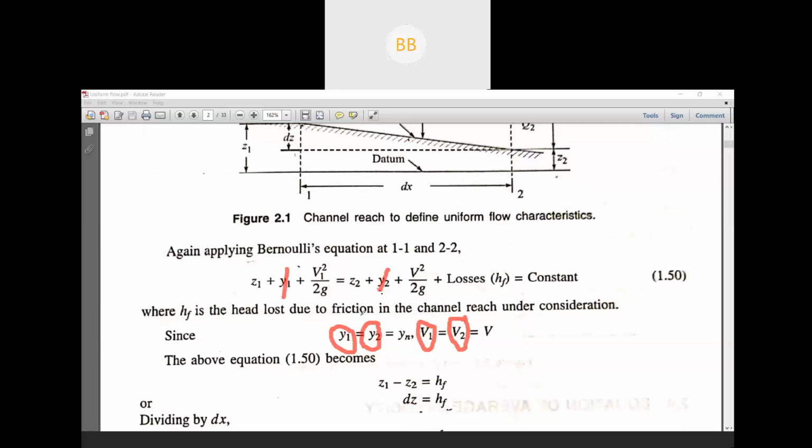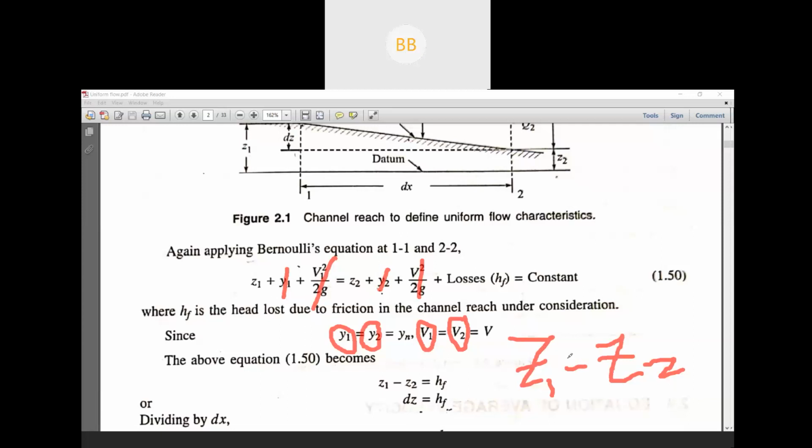So this y will be cancelled out because the depth of flow for both sections is the same. The velocity is also the same, so you can cancel out the V square by 2g term also, that is kinetic head. What remains is Z1, the datum head at section 1, and Z2, the datum head at section 2.